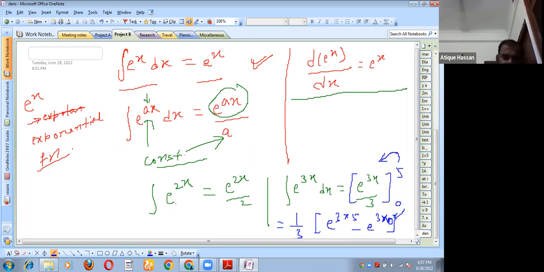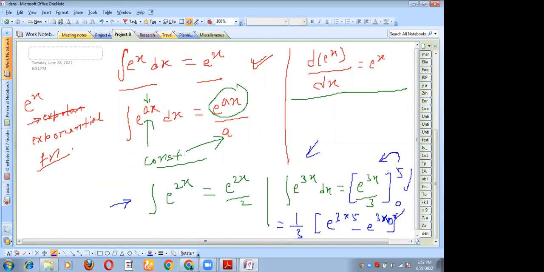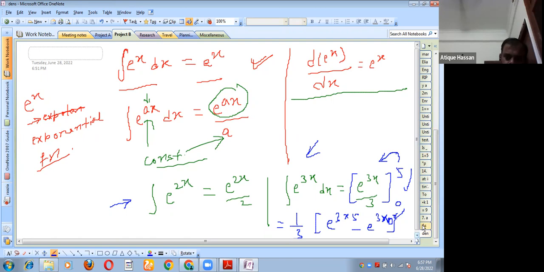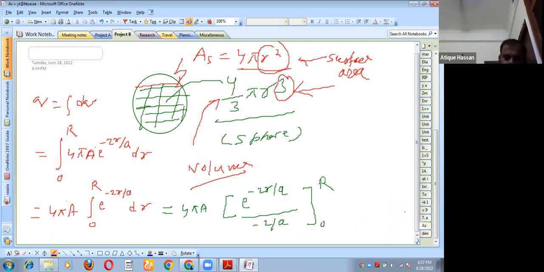These integrations were without limit. You see here no limit, here no limit. But if we put limits, you have to put upper limit minus lower limit. Getting my point? Yes, sir. So in the given question also, we have to put the values of the limits.